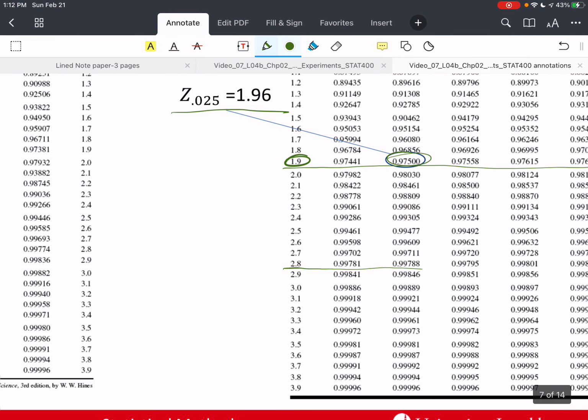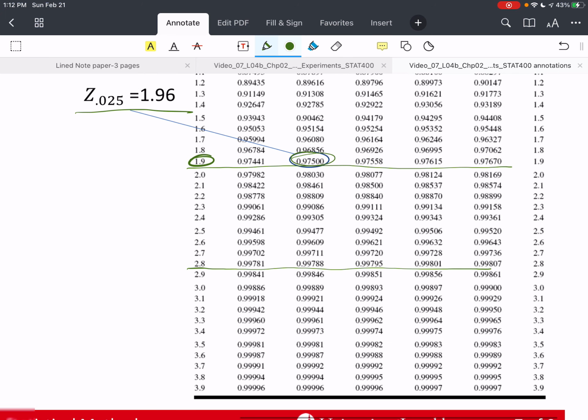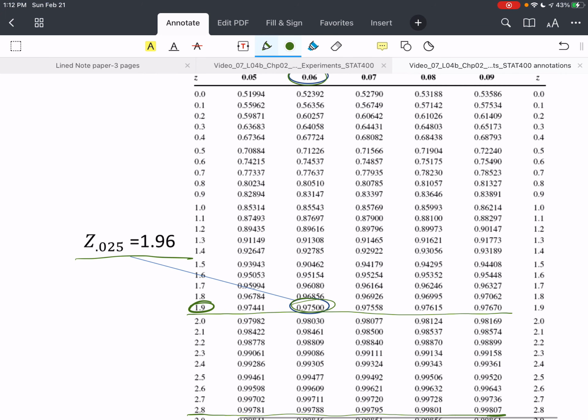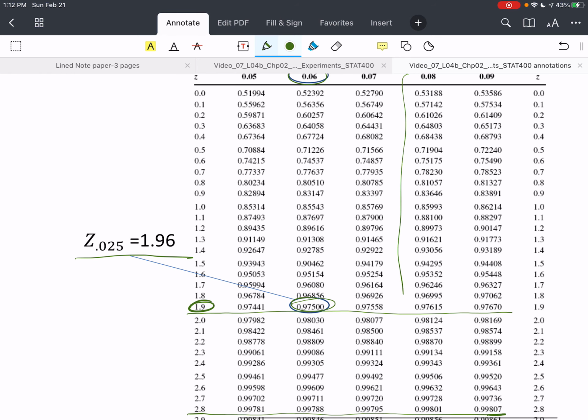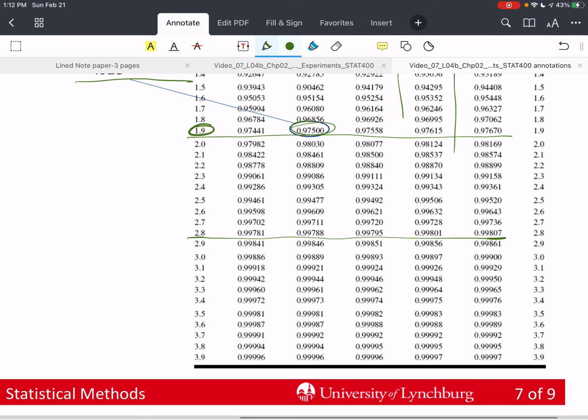2.8, and this table is kind of split, so we look up here for 8. 8 is this column here. And it turns out that the area below 2.88 is 0.99801.